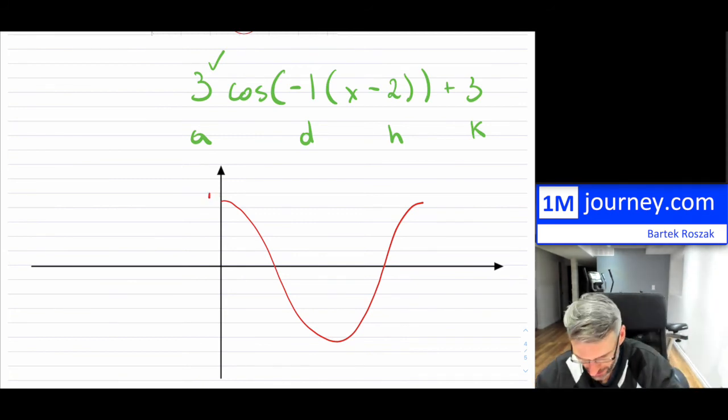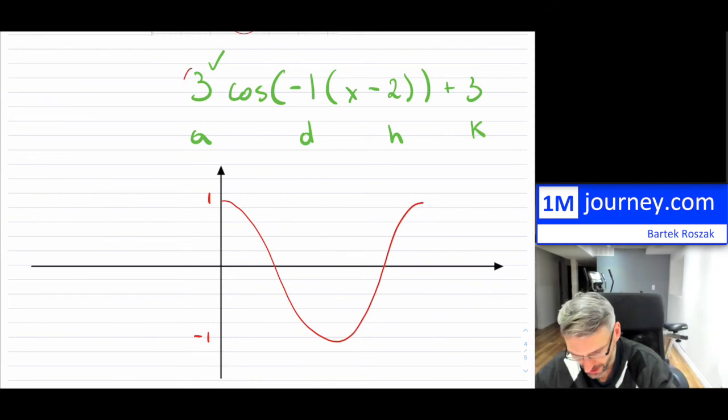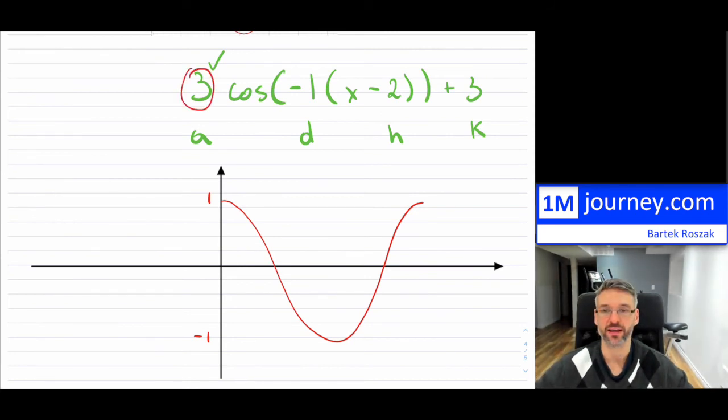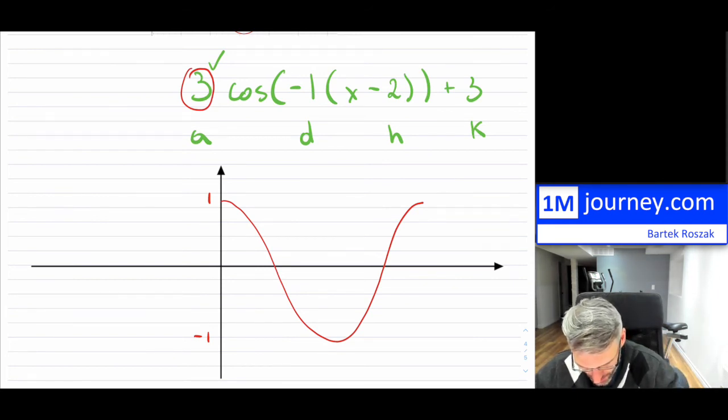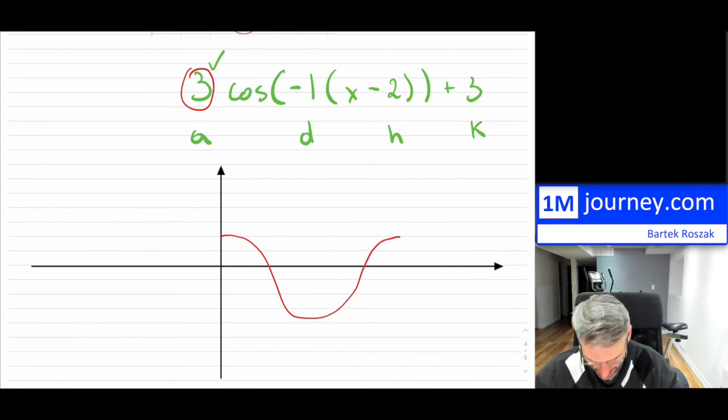So this is 1, -1. Now, we're supposed to be scaling this by 3. So, what's going to happen is this is going to be scaled by 3. Let me make it smaller just so that we can see it. So more or less like that, 1, -1, approximately.